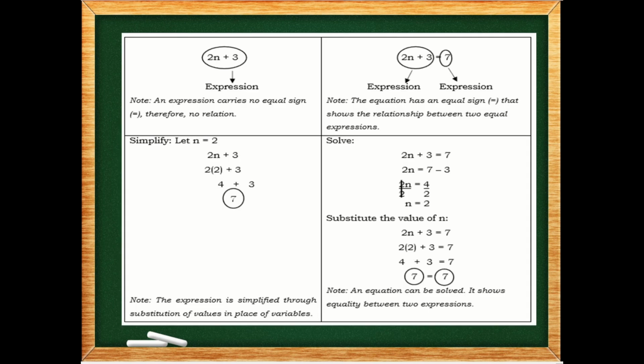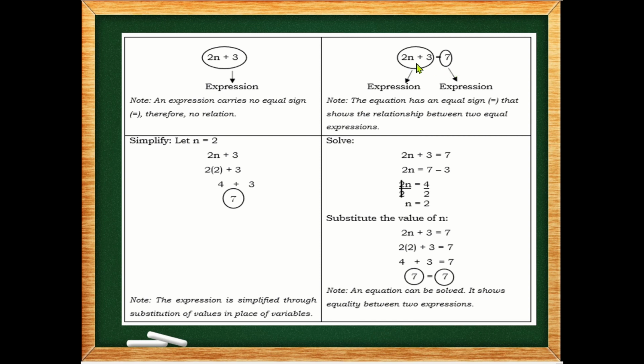Now let's take a look at this table. We have 2n plus 3 is an expression. Note, an expression carries no equal sign, therefore no relation. While on the other side of the table, we have 2n plus 3 is equal to 7.